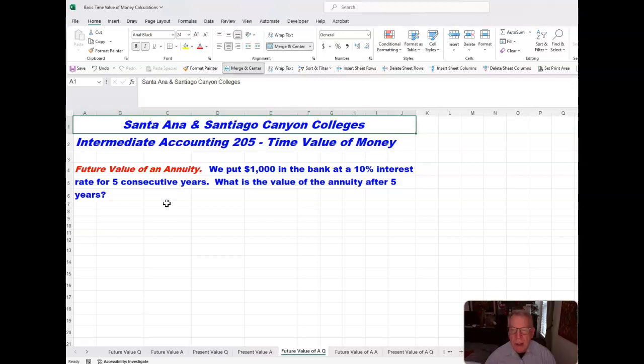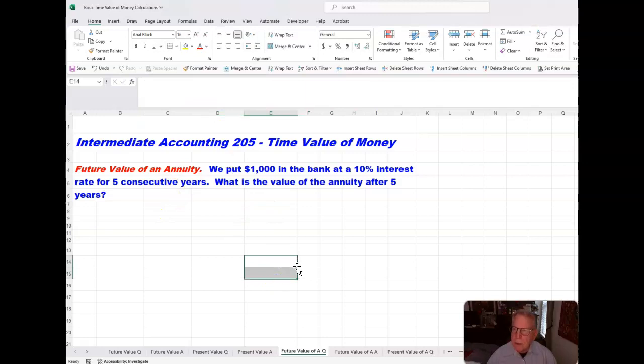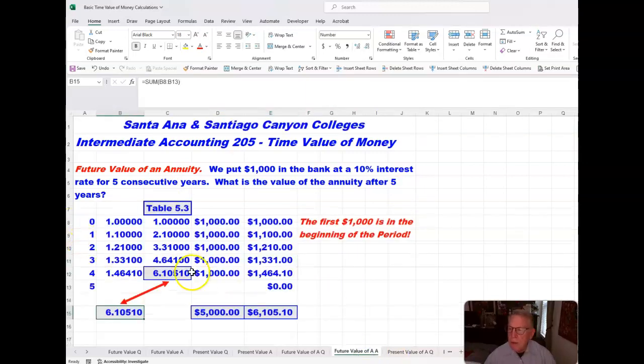What is the value of that annuity after 5 years? An annuity is a set sum per year. In this case, it's $1,000 each year, 5 times. So what we're going to do is the following.